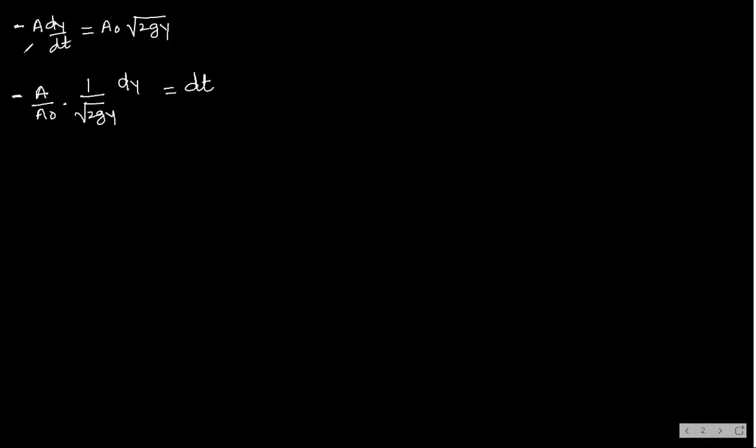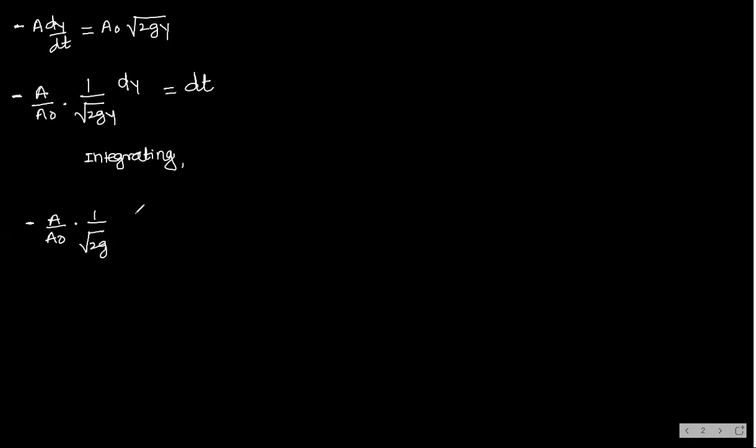Now I am integrating on both sides. Minus A by a naught is constant, let's take it outside, with 1 by root 2g here.